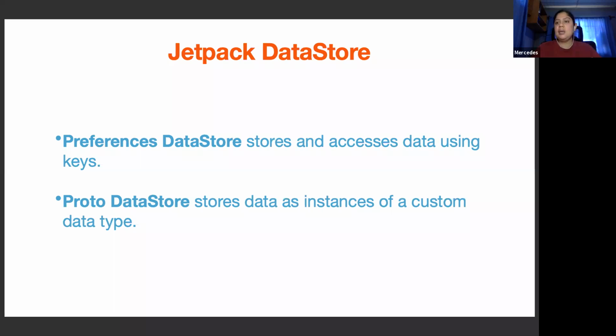Then I have a key and I have a value saved there. But I also will have a proto data store, that is something with more improvements because it has some type safety. So here I will define a schema to say what information I will save, and I also will define some protocols to save and get that information.